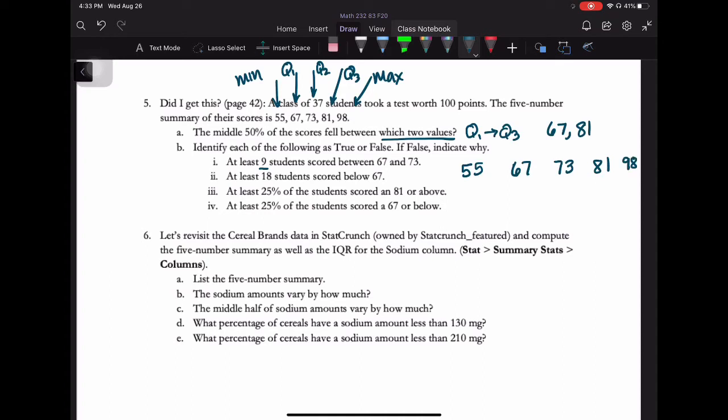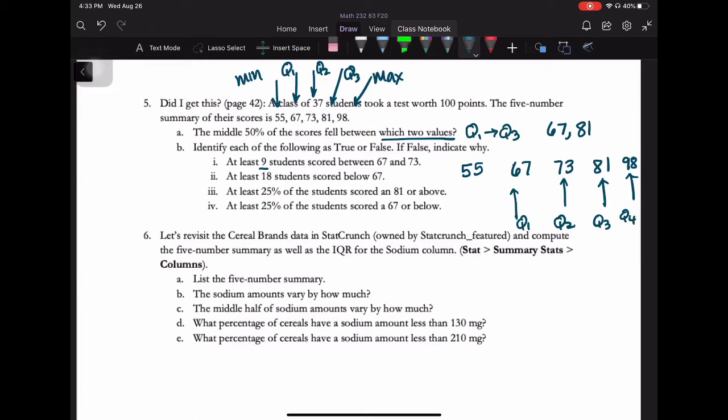This means that we have 25% below this value, 50% below this value, 75% below this value, and 100% of the values. 100% of the values fall below 98.